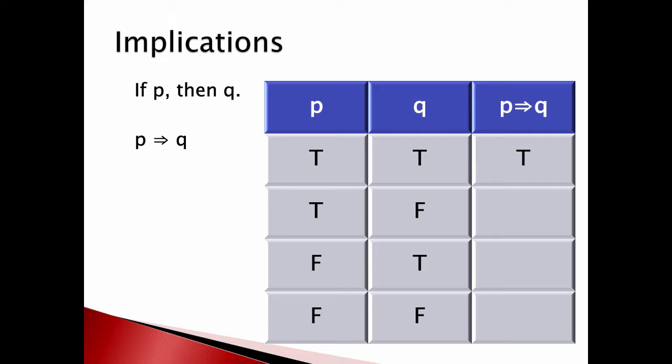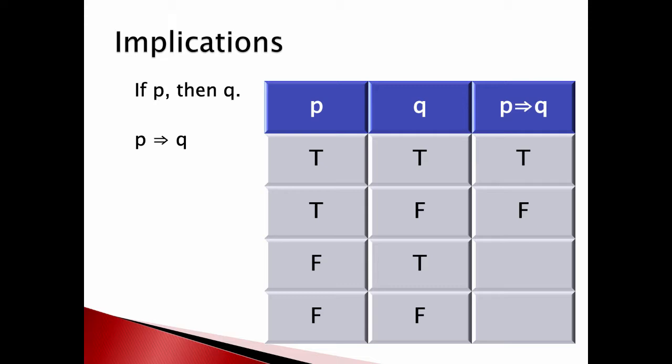In this case, P is true and Q is false. So what would happen to the statement if P is true, then Q is true? Well, that'd be false now, because in this case, P were true and Q's not, right? So P turned out to be true, but Q was false. So in that case, the implication would be false.